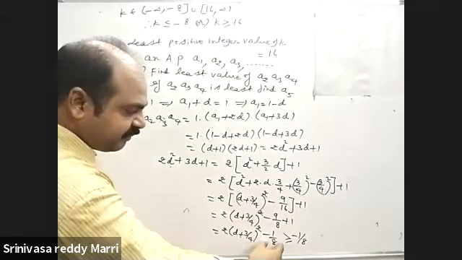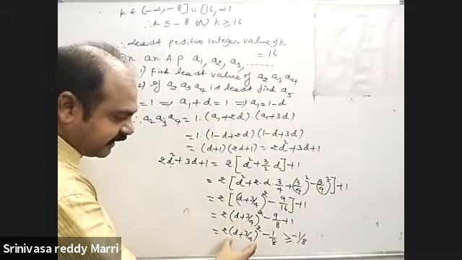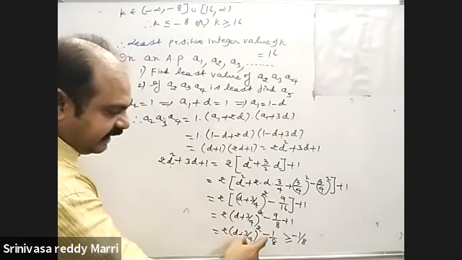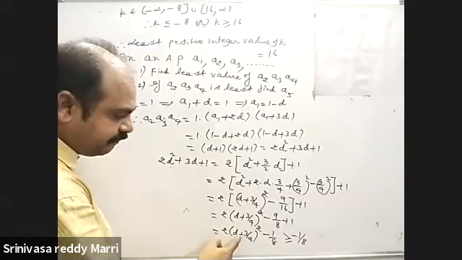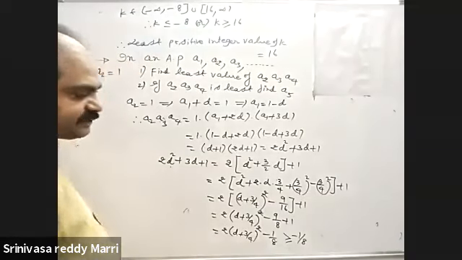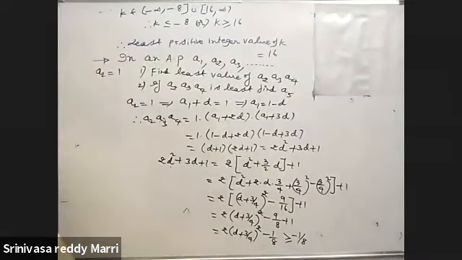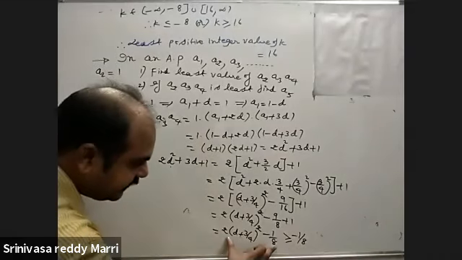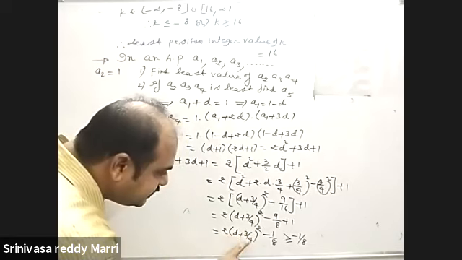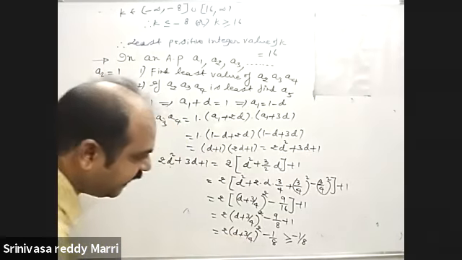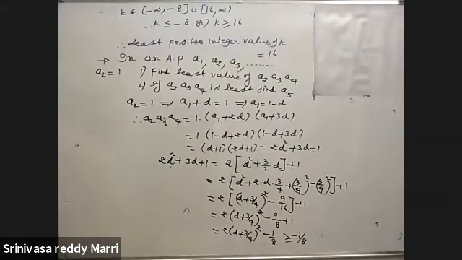If this becomes 0, then it will become minus 1 by 8. If this is not 0, positive value minus 1 by 8 will be more than minus 1 by 8. That means the least value of this is minus 1 by 8. If this is 0, if D equals minus 3 by 4, it will be least.